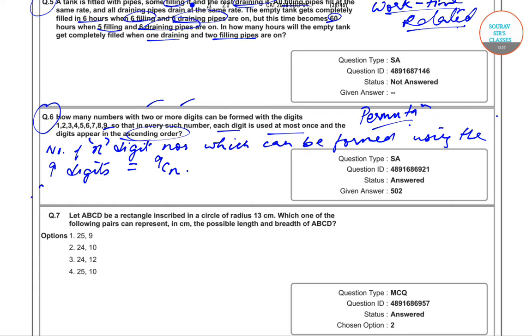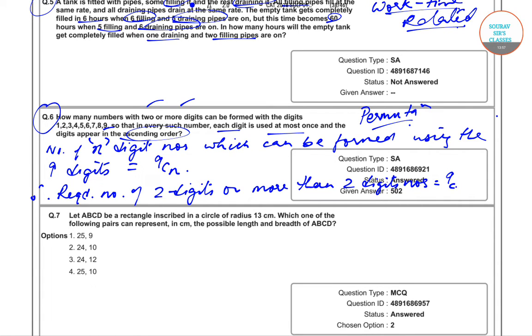Okay, so the required number of 2-digit or more than 2-digit numbers in the condition that we are looking for will be 9C2, 9C3 up till 9C9. So this entire structure can be written as 2 to the power 9 minus (9C0 plus 9C1).